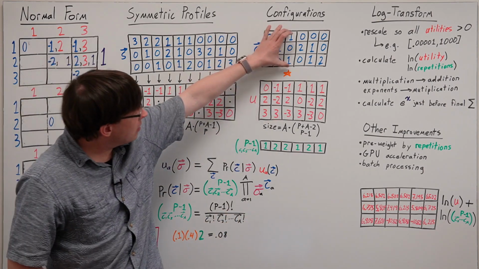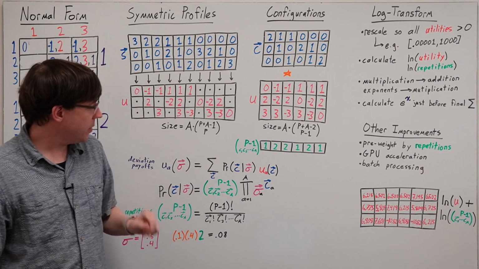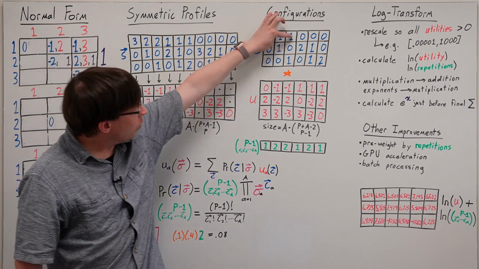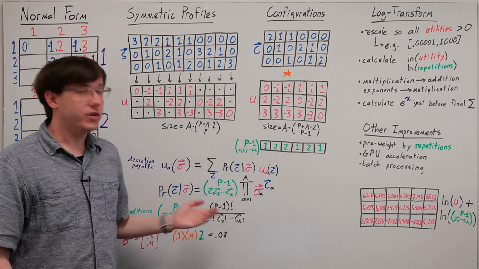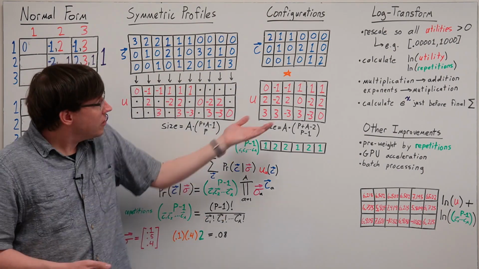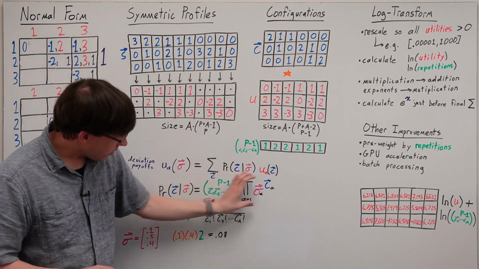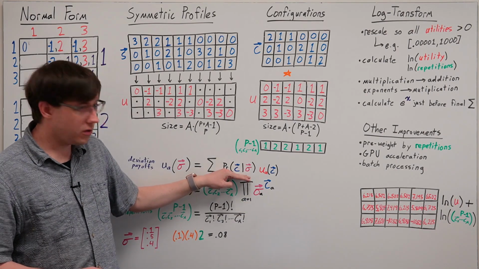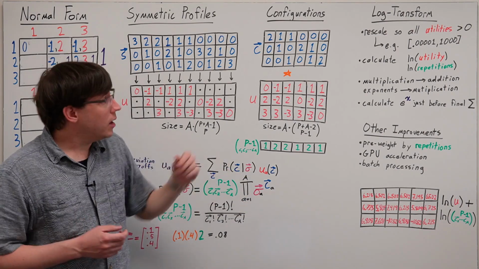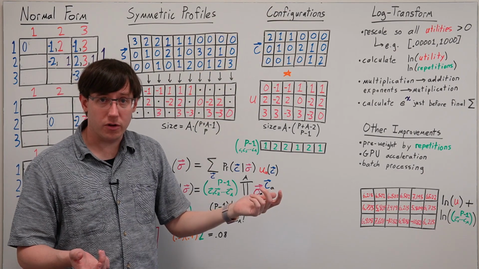So in the case of this configuration, we have 2 factorial on the top and 1 factorial, 0 factorial, 1 factorial on the bottom, which comes out to 2. And this array representation lets us do a vectorized calculation of this product and this sum, where we will apply the same operation to each of the configurations.